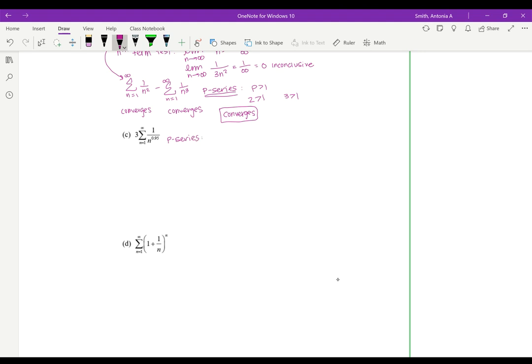So our p is 0.95, which is less than 1. Okay. So regardless of that 3 out front, because this is less than 1, this diverges.